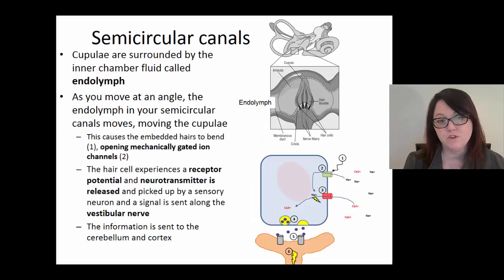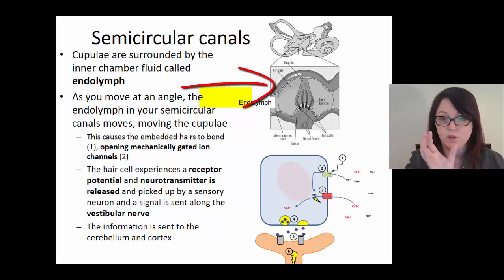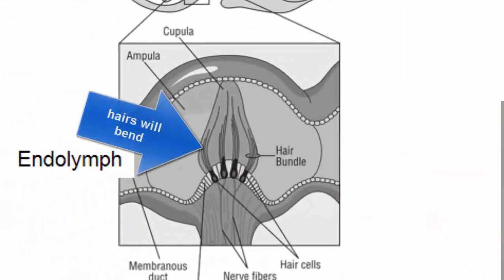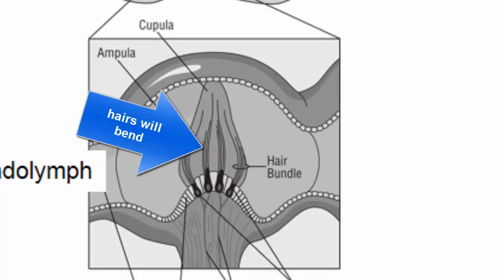Now, the way the semicircular canals work is that whenever you move at an angle, there's a fluid in the semicircular canals that is going to move. And that fluid is going to hit the cupula and cause the cupula to sway. And when the cupula bends, the hairs in the cupula will bend.